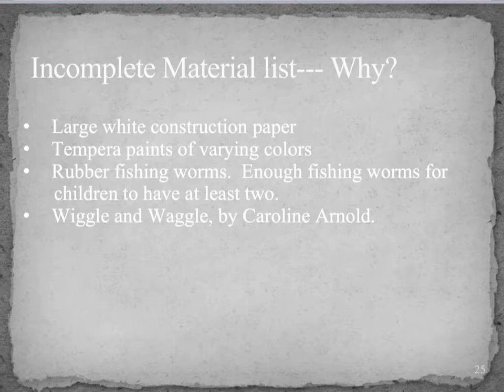Here's an incomplete material list. Why do you suppose it's incomplete? What items are missing? It says large white construction paper, tempera paints in varying colors, rubber fishing worms, enough fishing worms for children to have 2, and the book Wiggle and Waggle by Carolyn Arnold.